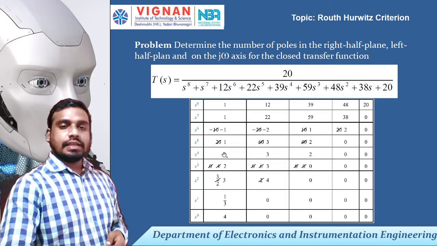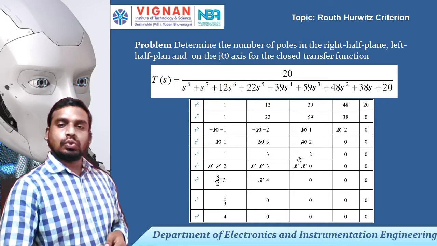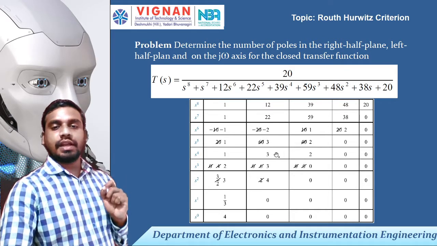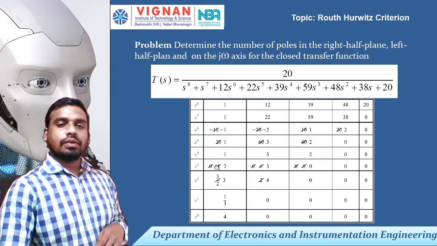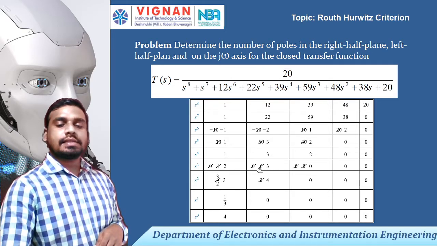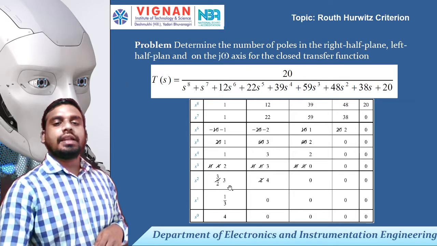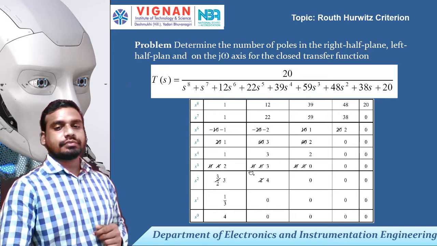So P of s is s power 4 plus 3s square plus 2, equated to 0. Differentiate with respect to s. What you get is 4s cube plus 6s. So again, it is a factor of 2. I cancelled it out and wrote 2 and 3.